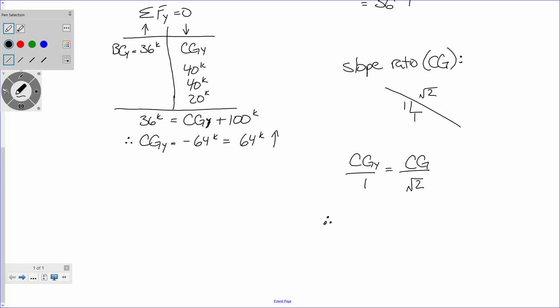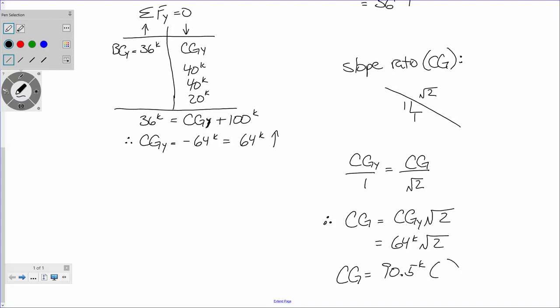So therefore, CG is CGY times the square root of 2, which is 64 kips times the square root of 2. And what is that? 90.5 kips.